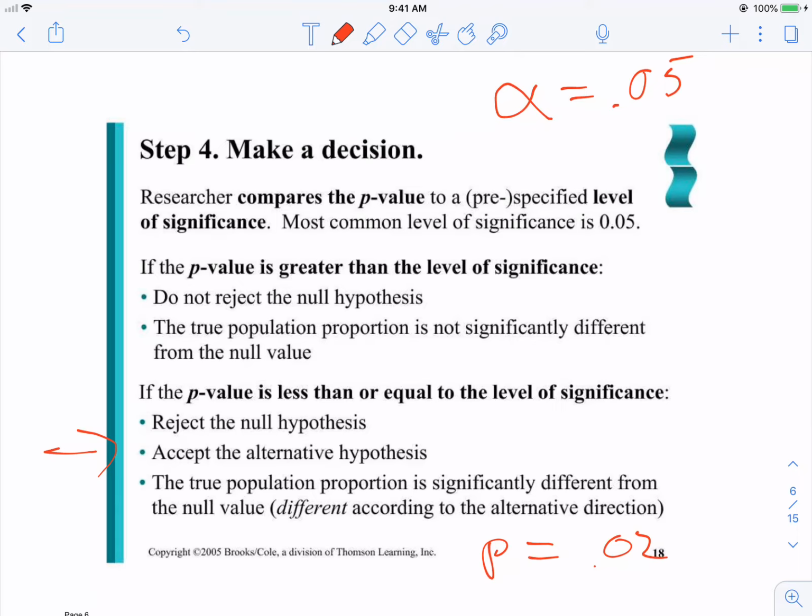A 2% chance of that happening is pretty rare, because it did happen. It happened in your sample.